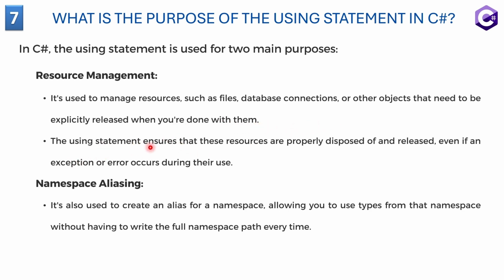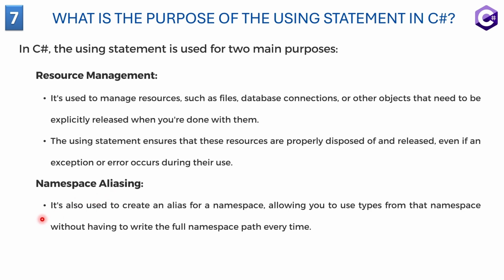The using statement ensures that these resources are properly disposed of and released even if an exception or error occurs during their use. So basically, when you are handling files or SQL or database-like things, you have to release that memory by using this using statement. Otherwise the object memory is not released and you will face consequences like memory leakage.